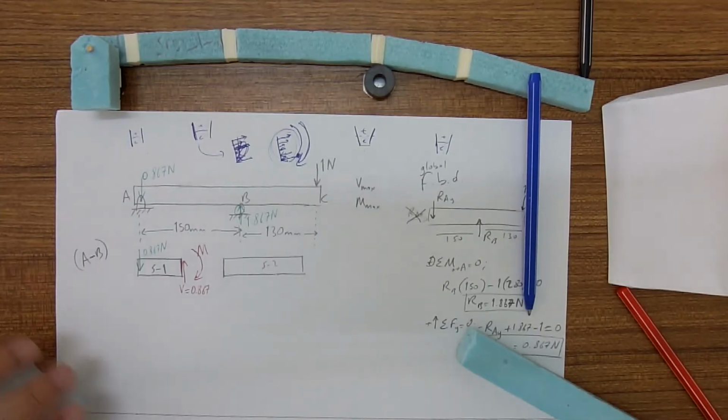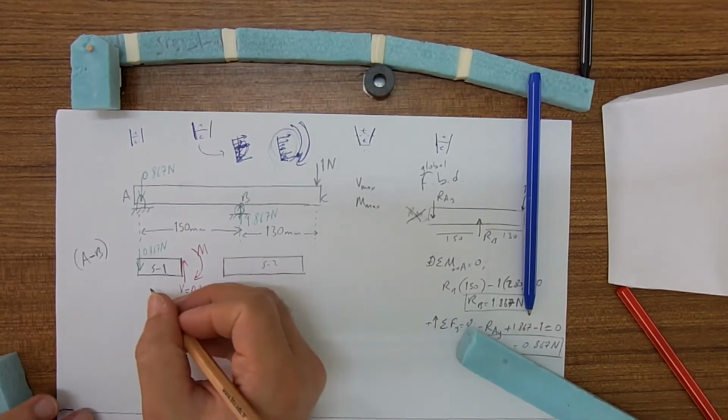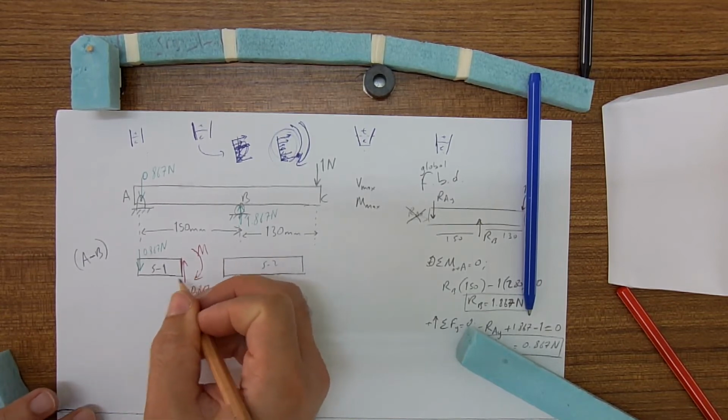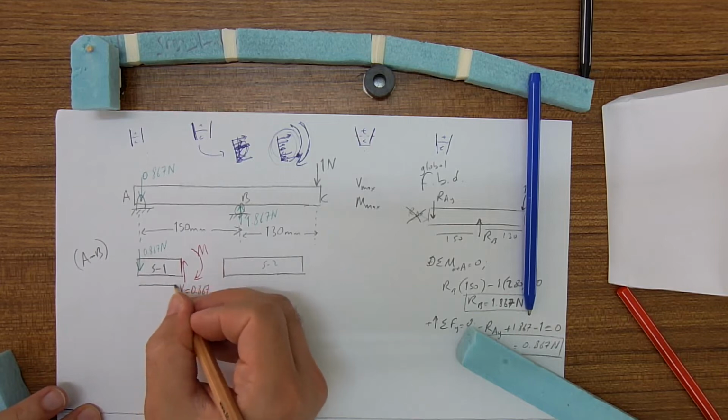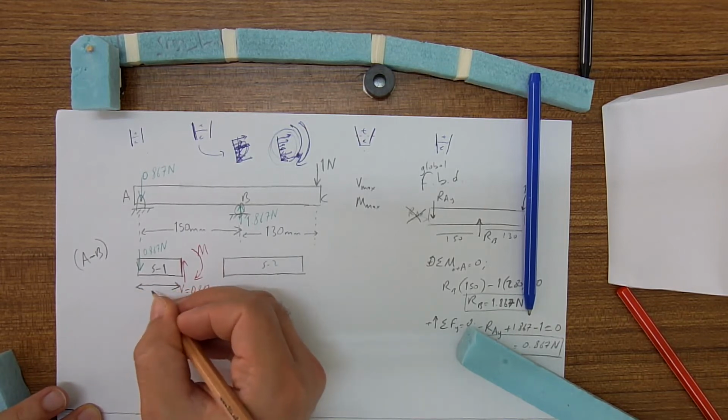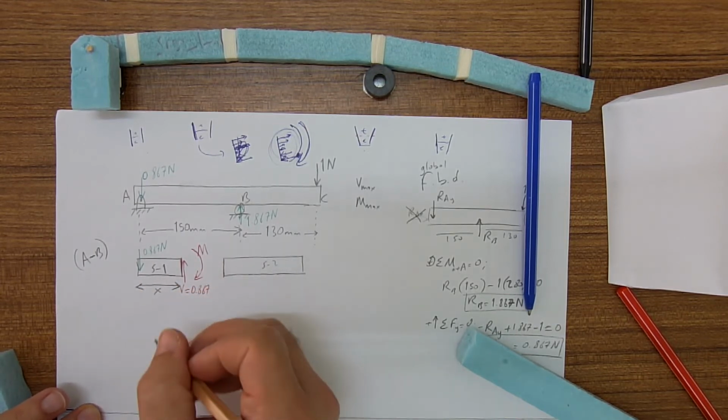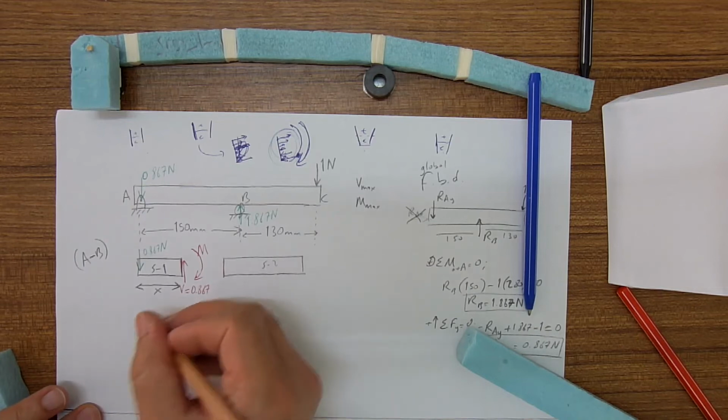And let's calculate what M is. In order to calculate M, I need to give a value for this, or I just say X for this distance. What would be the moment then?